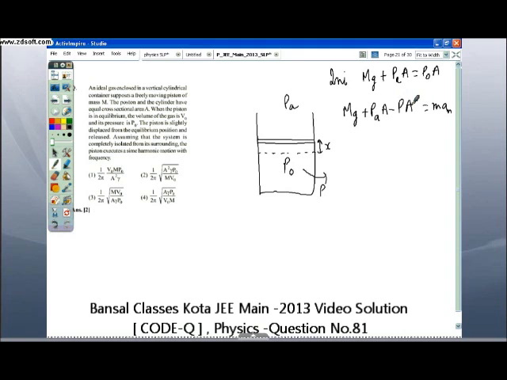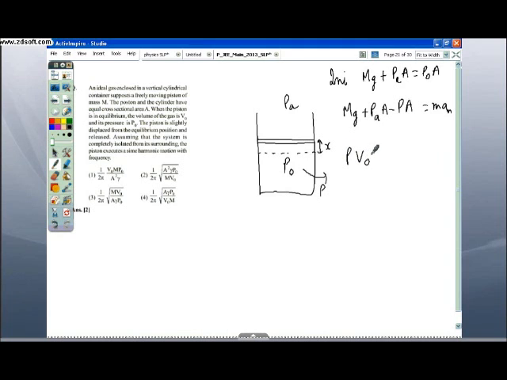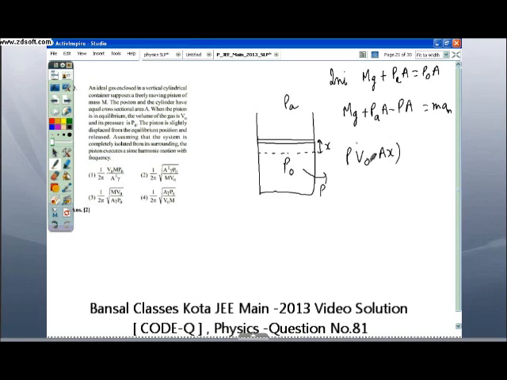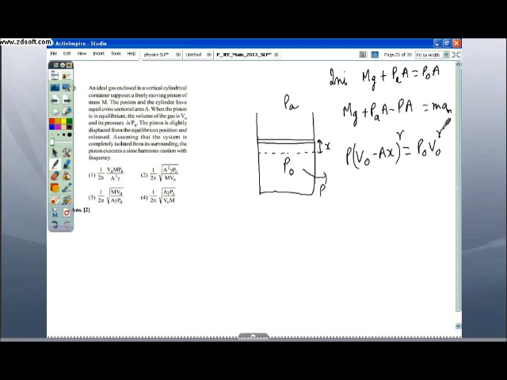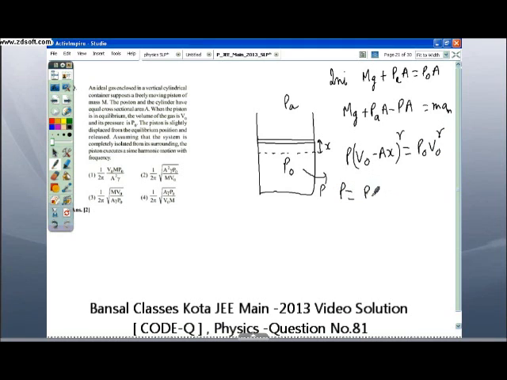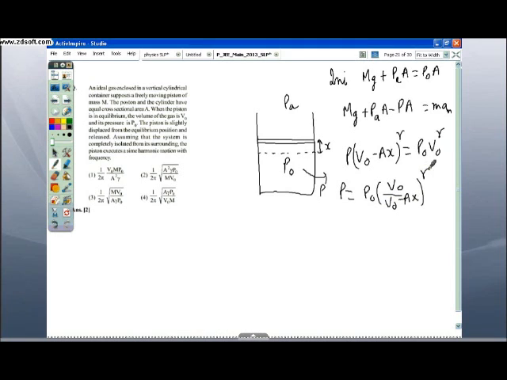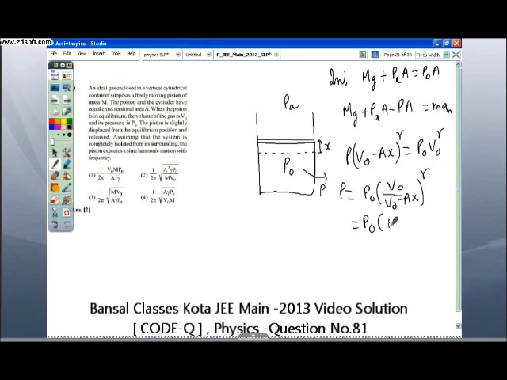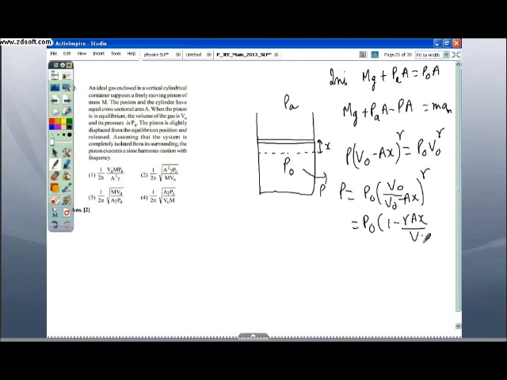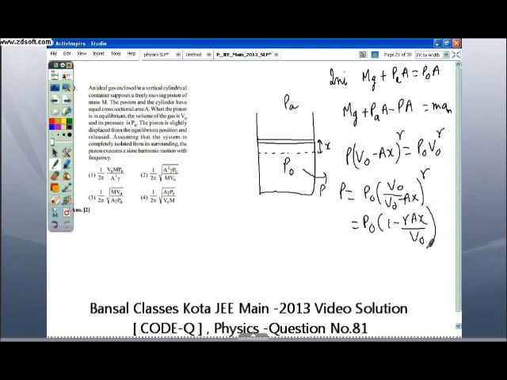If we want to find out P, then we can use the equation for the adiabatic gas. We can say P into (V naught minus AX) to the power gamma will be equal to P naught into V naught to the power gamma. That makes P equal to P naught into V naught upon (V naught minus AX) whole to the power gamma, which comes out to be P naught into (1 minus gamma AX upon V naught) using binomial expansion.